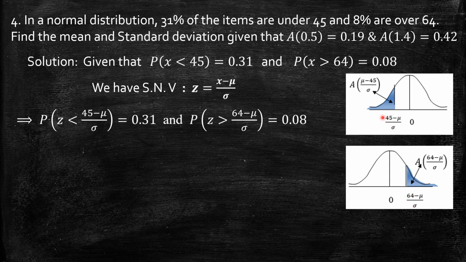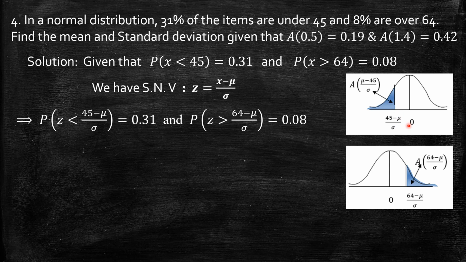So how do we obtain these areas? We already know the answer, but how can we obtain it? We know that this area can be obtained by subtracting from the total area to the left side, that is 0.5, minus the area from (45 minus mu) by sigma to 0.